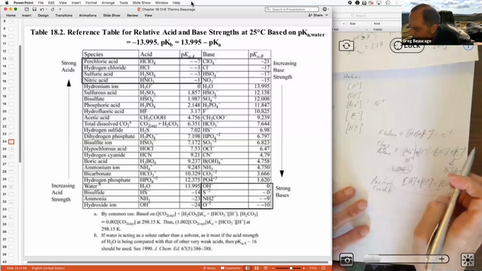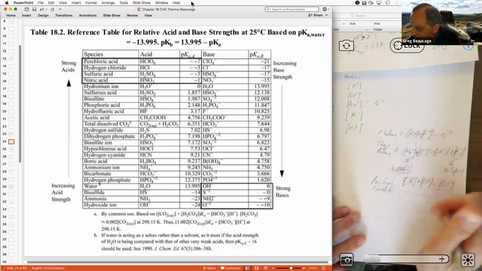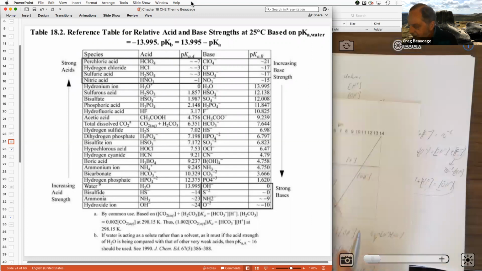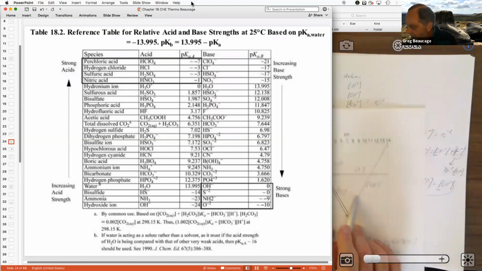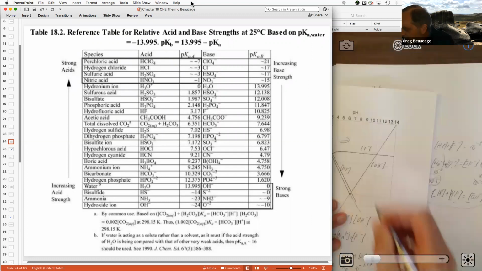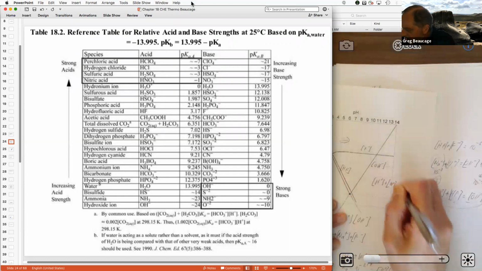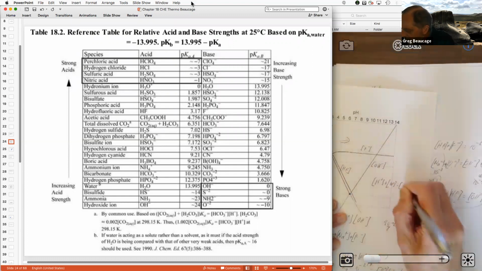Right? So basically with that, you can say, if you know it's basic, right? So you know you're over on this side of the chart, and you know H plus plus HF equals OH minus.